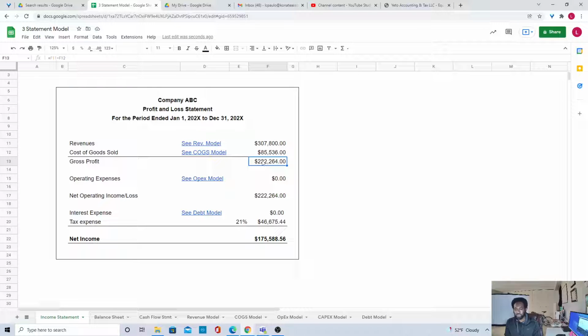So my gross profit looks pretty good, pretty exciting, but it's not the end. The next step is my operating expense. You need expenses to run the business. If you're selling through eBay or Amazon, your expenses are probably going to be lower. But if you have an office, employees and so forth, these are going to be much higher.